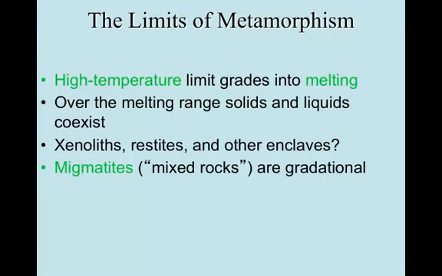And the high temperature limit of metamorphism, this is where we're grading into melting. And there's a range of melting temperatures for the different minerals. Just think about Bowen's reaction series. Those minerals like K-spar and quartz have much lower melting temperatures than do the hornblendes or the pyroxenes.